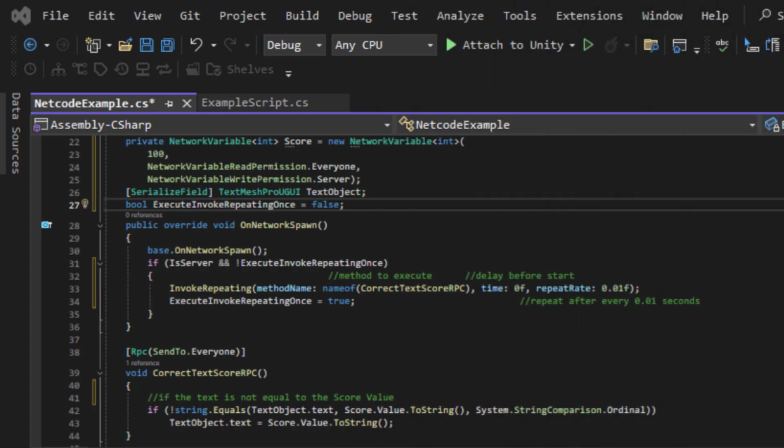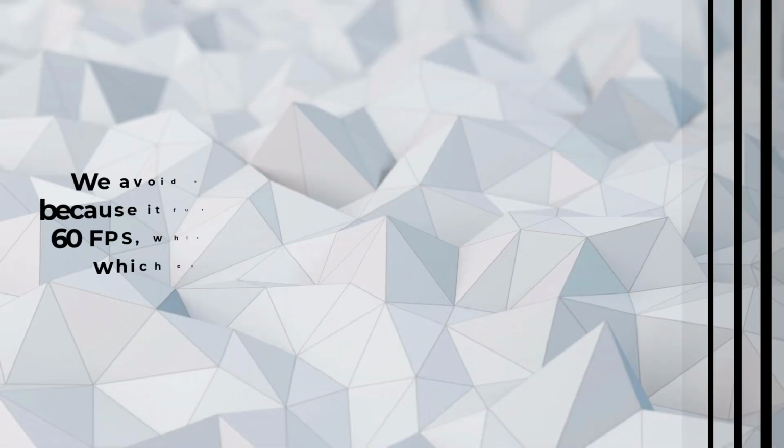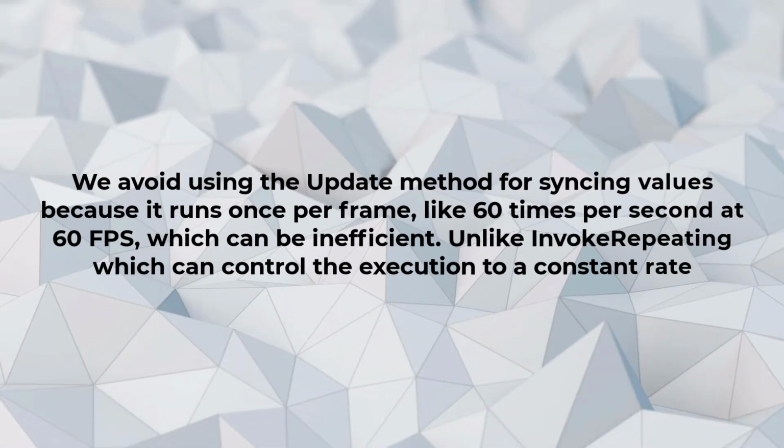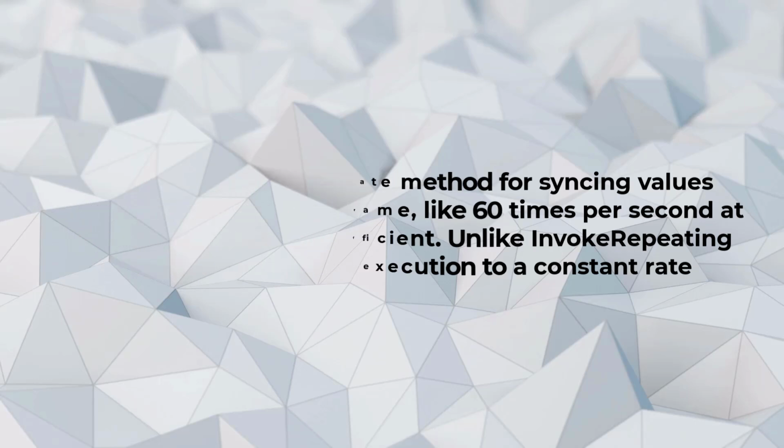Here is an example of an OnNetworkSpawn executing an InvokeRepeating method. We avoid using the Update method for syncing values because it runs once per frame, like 60 times per second at 60 FPS, which can be inefficient, unlike InvokeRepeating which can control the execution to a constant rate.